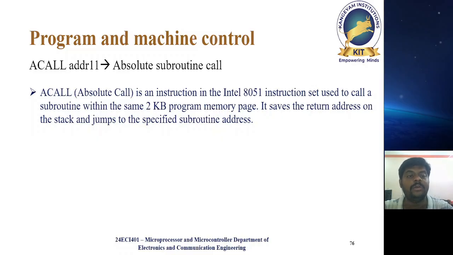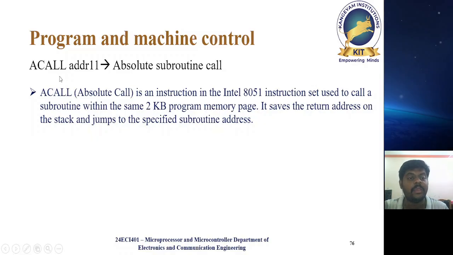When you call the subroutine program, control will transfer to that memory location, start executing from there, and then return back to the main program. So ACALL, the absolute call, will call the subroutine program with an 11-bit memory address. 11-bit memory address means 2 to the power 11, so it will be a 2 kilobyte memory page.